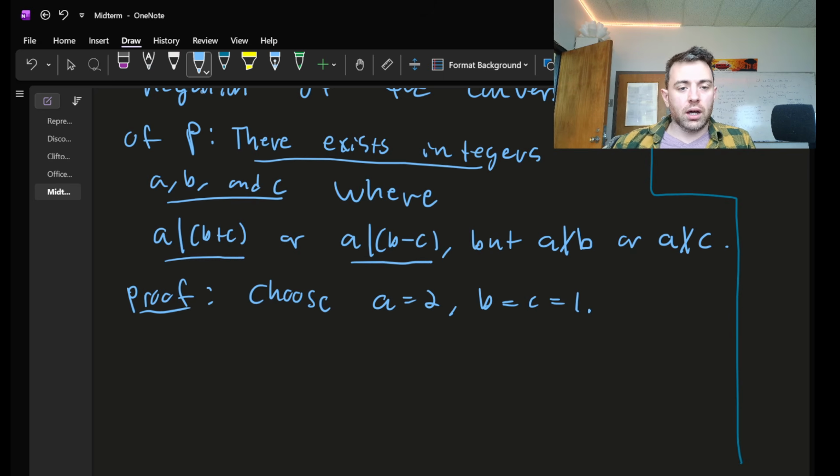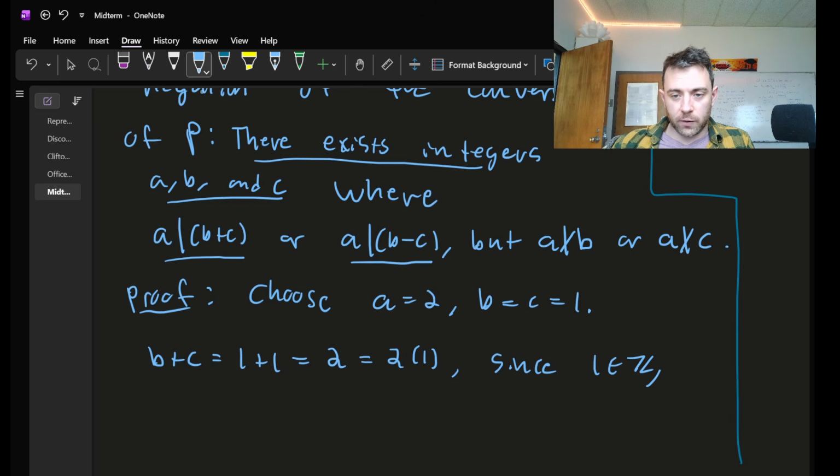Well, we need to go by definition, right? So b plus c is equal to 1 plus 1 is equal to 2 is equal to 2 times 1. So since 1 is an integer, 2 divides 2 by definition.